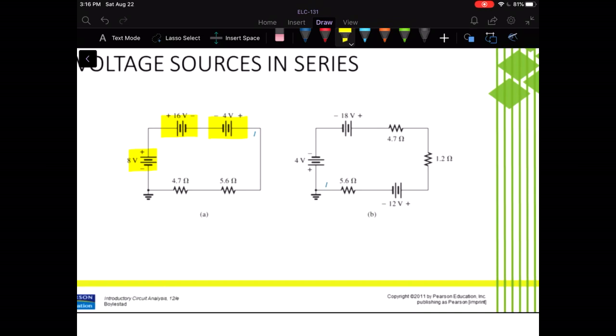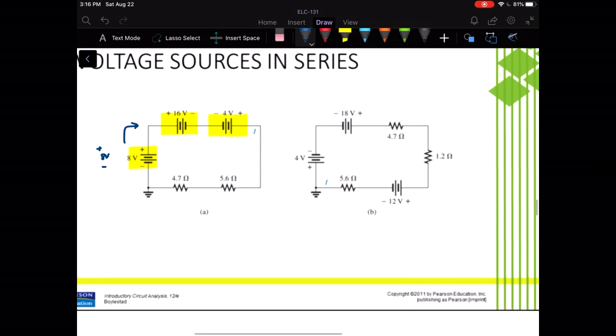First we want to establish the direction of each. Our 8-volt source goes from minus to plus, the 16-volt source is plus to minus, and the 4-volt source is minus to plus.